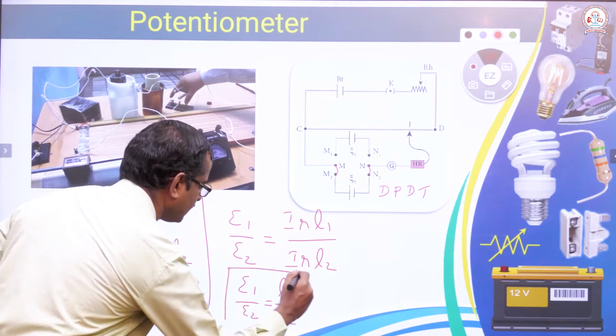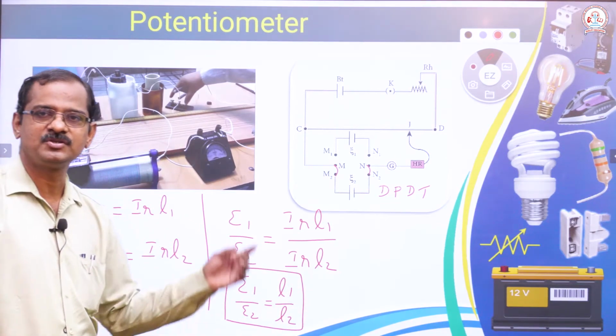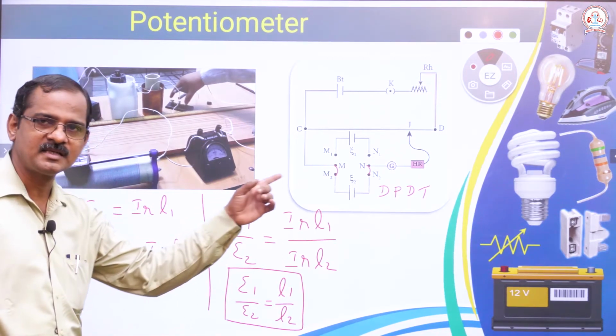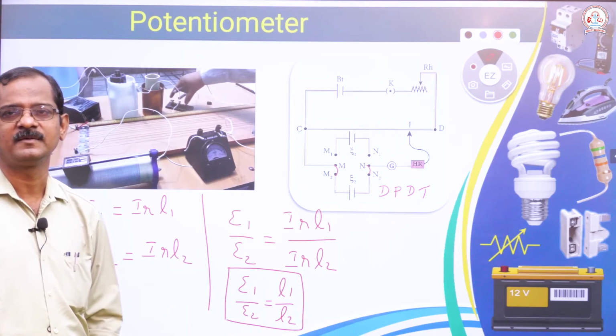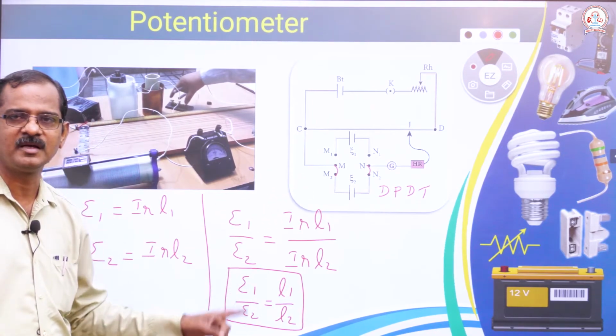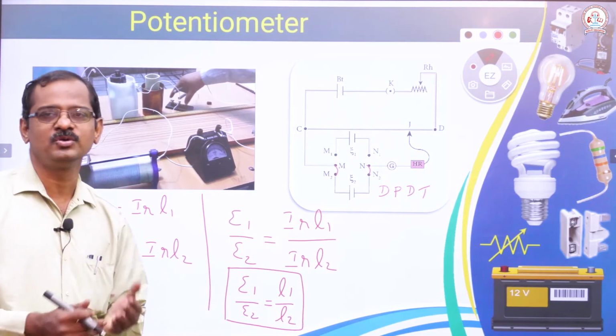What is epsilon 1? Epsilon 1 is the EMF of the first cell. Epsilon 2 is the EMF of the second cell. L1 is the balancing length for the first cell. L2 is the balancing length for the second cell. L1 by L2 is a ratio, therefore it has no unit.